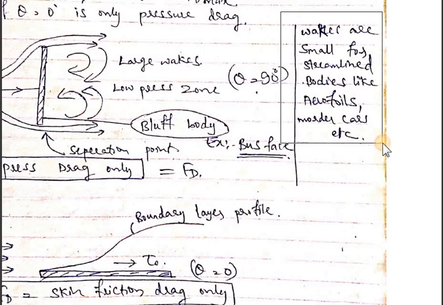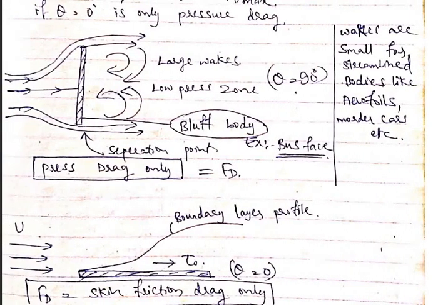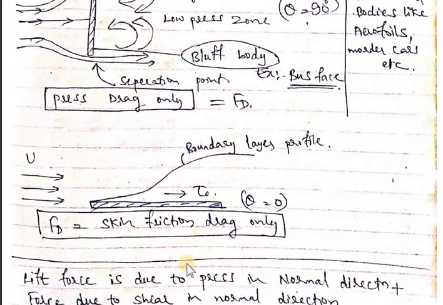Like this we can discuss flat surfaces. At the bottom I have shown the plate kept in the horizontal direction, where theta is 0. In this case, the pressure force acts on the tip of the plate, which is very negligible because of the plate thickness.